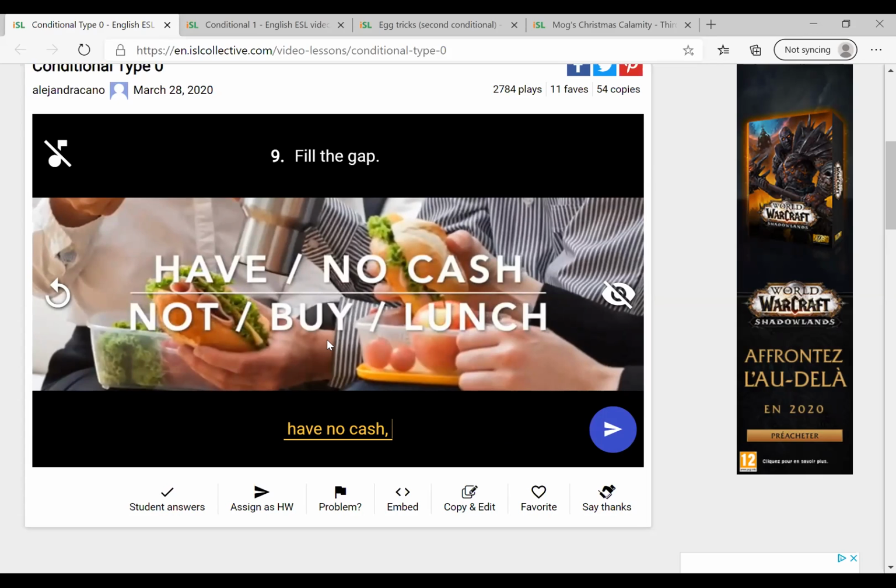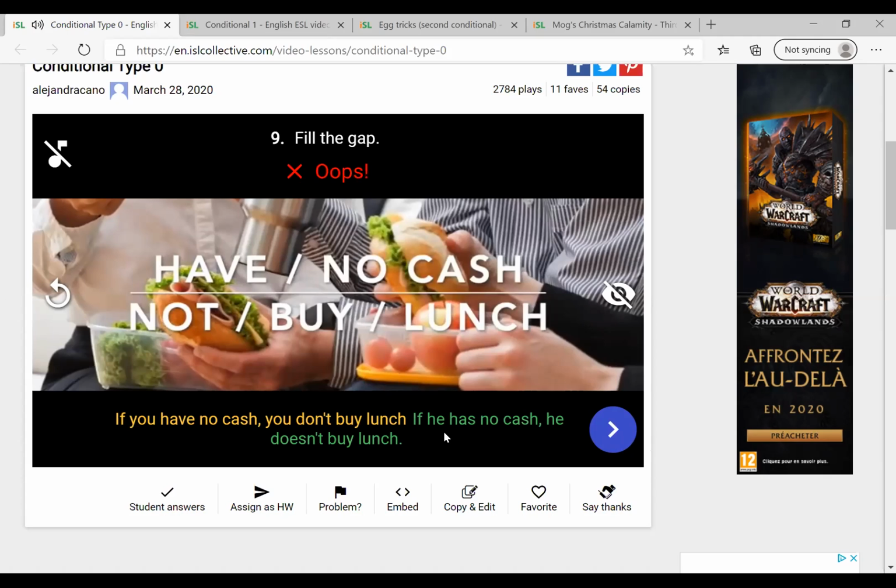You don't buy lunch. Okay, if you have no cash or if he has no cash, he doesn't buy lunch. Okay, you can use you or he. They don't give exactly which pronoun you have to use. If he doesn't have cash, you can use negative auxiliary verb. Okay, you don't buy lunch.